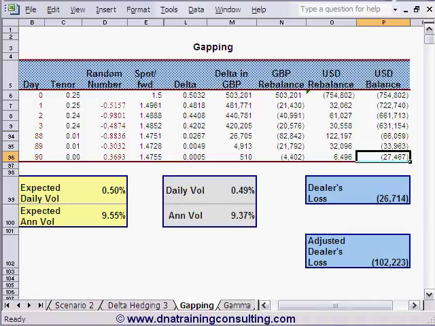$27,467. Note also that the daily vol has turned out, in fact, to be 0.49%, almost exactly equal to the 0.5% that the trader had assumed in pricing the option up front.